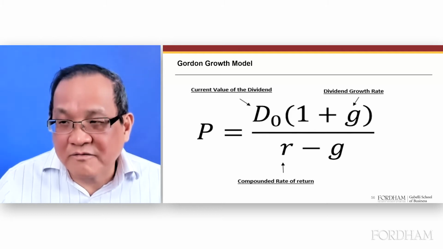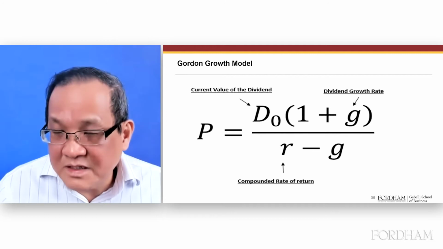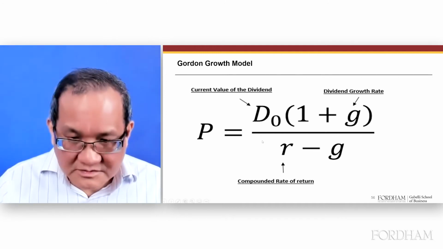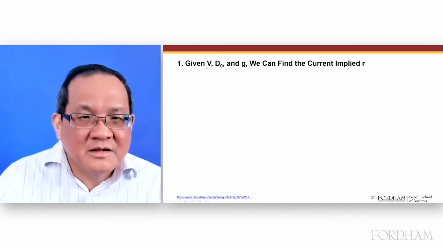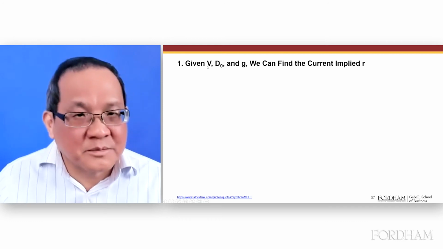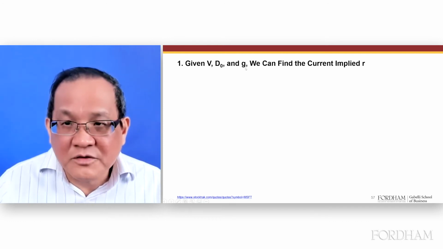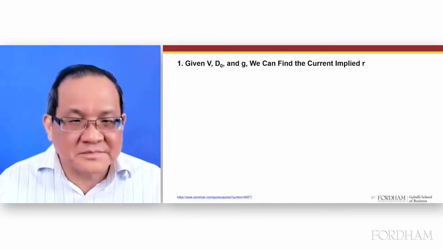Because if we think that the environment should not be that pessimistic, this gives us a way to value this. Let me illustrate. Right? Given the value or the price of the stock and the current dividend and the dividend growth rate, we can find the current implied discount rate.